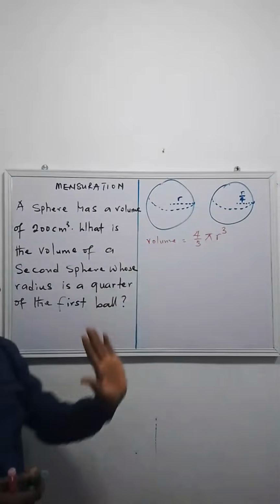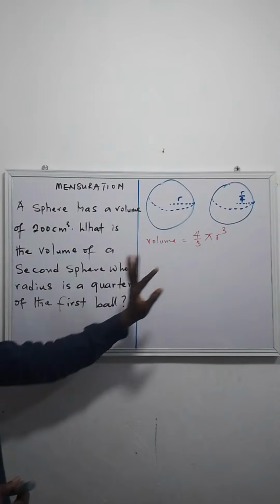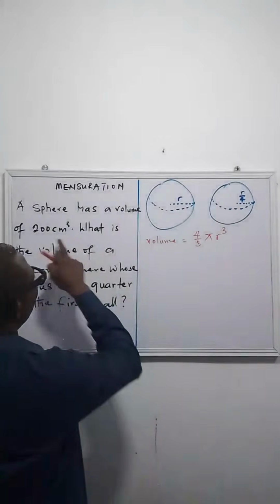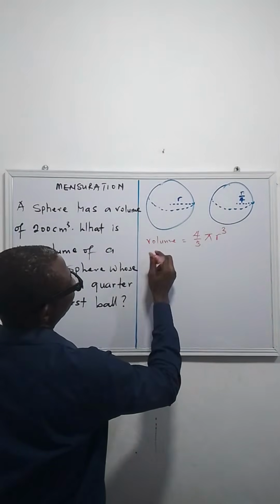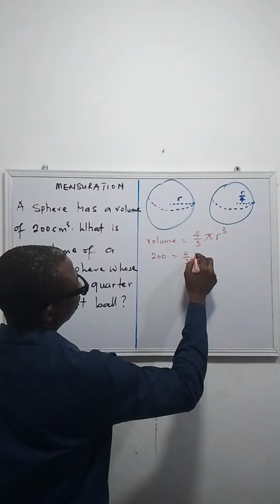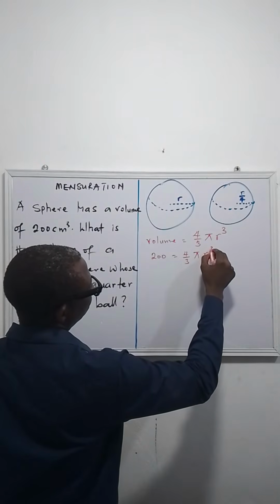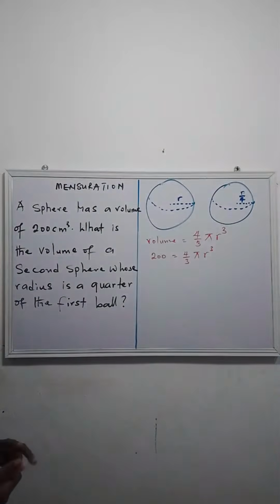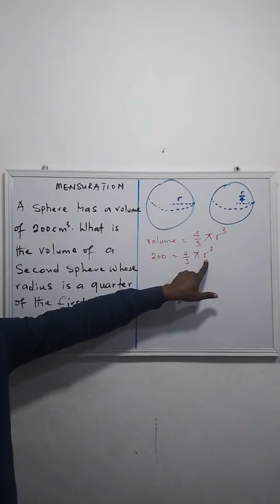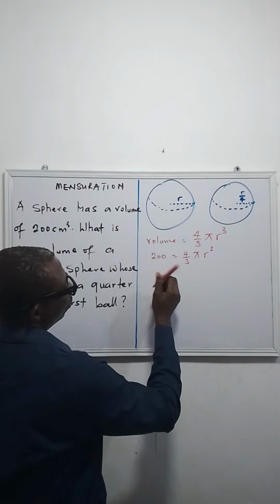All right. Now, the volume has been given to be 200. Right. So now the radius is not given. So let's plug in this one. So we have 200 equals 4 over 3 pi r cubed. So now let us make r cubed the subject of the formula.